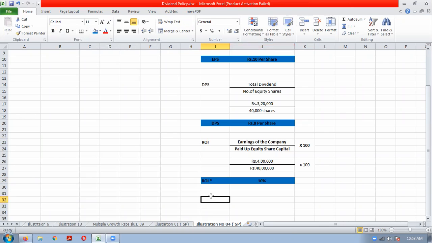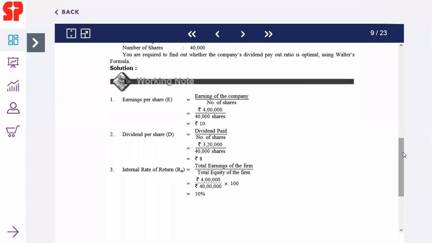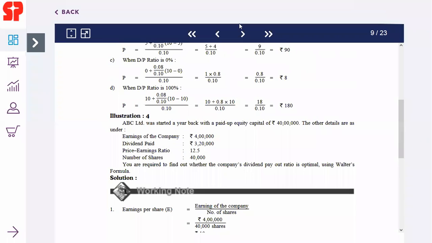How can we calculate the KE? The K formula is 1 divided by PE, that is the price earning ratio. The reverse of the price earning ratio will be your cost of capital. See, the price earning ratio is given here, 12.5.